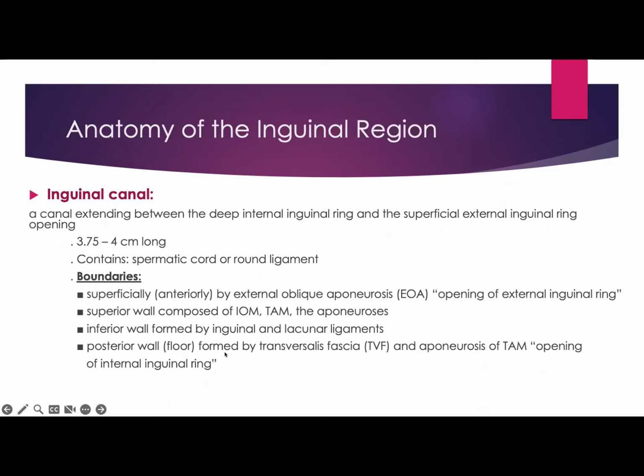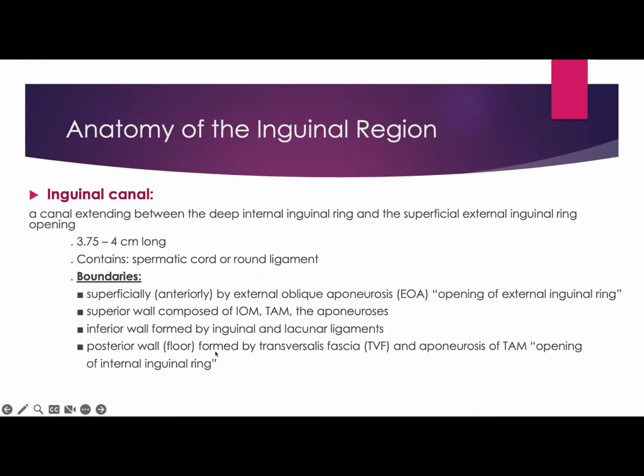So the posterior wall, which is the floor, is formed by the transversalis fascia and the aponeurosis of the transversus abdominis. And this forms the opening of the deep inguinal ring, which is the internal inguinal ring, okay?